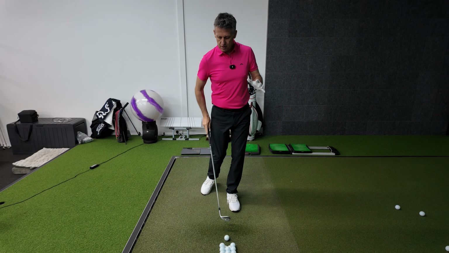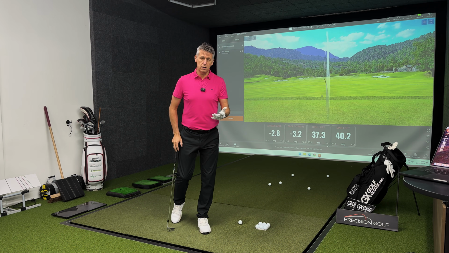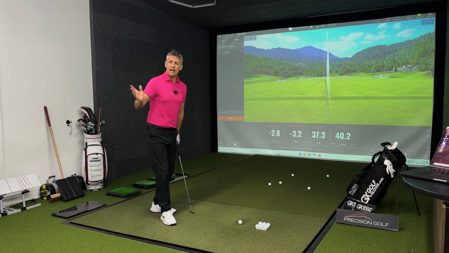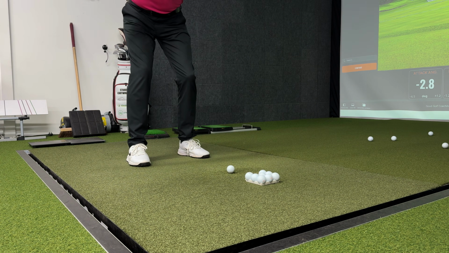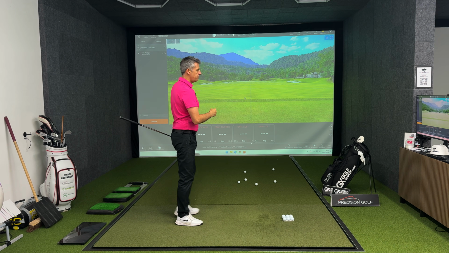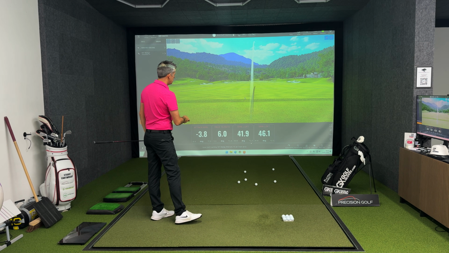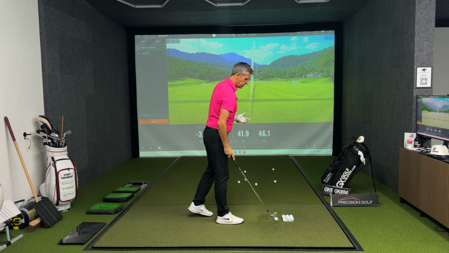If the face to path value is open, it means that it will increase the dynamic loft. So I now come back with a face to path value that's more open, at 6 degrees open. You can see the dynamic loft increases.